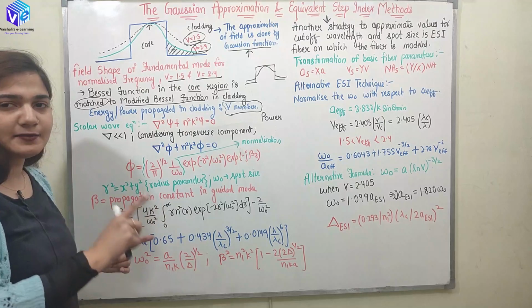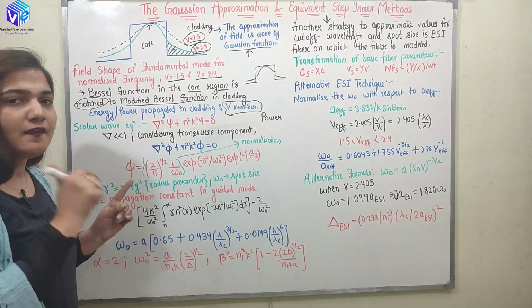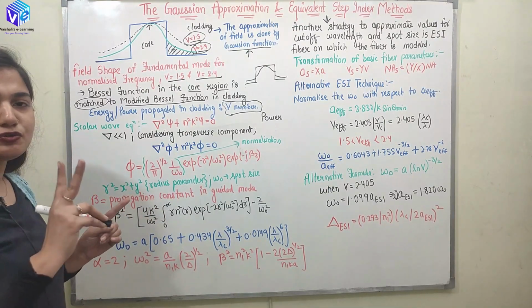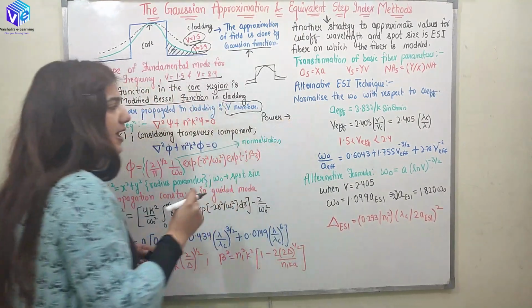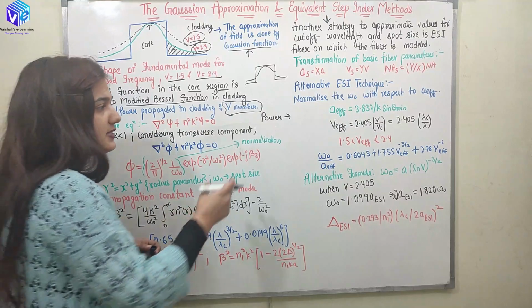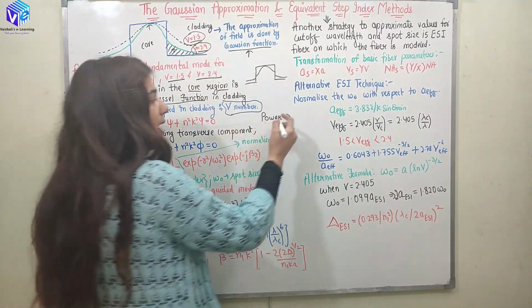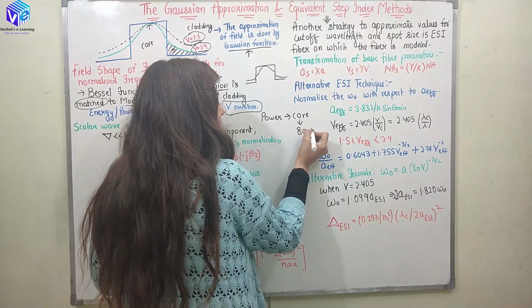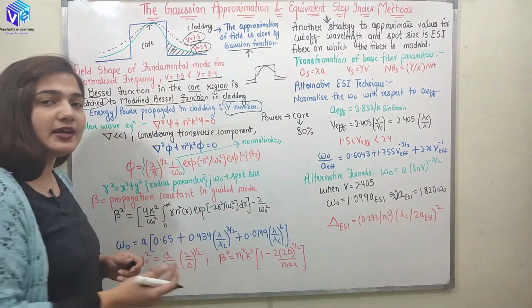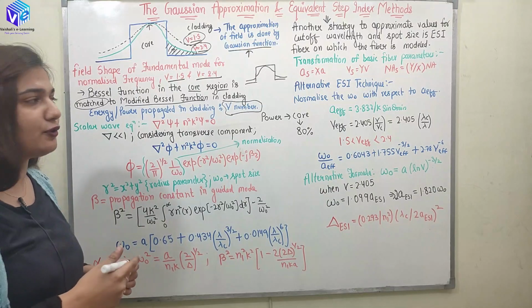To find the exact power in the cladding, I need to know the V number. Second, I need to know the operational frequency. So even if I am operating at the cutoff frequency, the power in the core would be around 80% only, and 20% power would be inside the cladding at that point also.